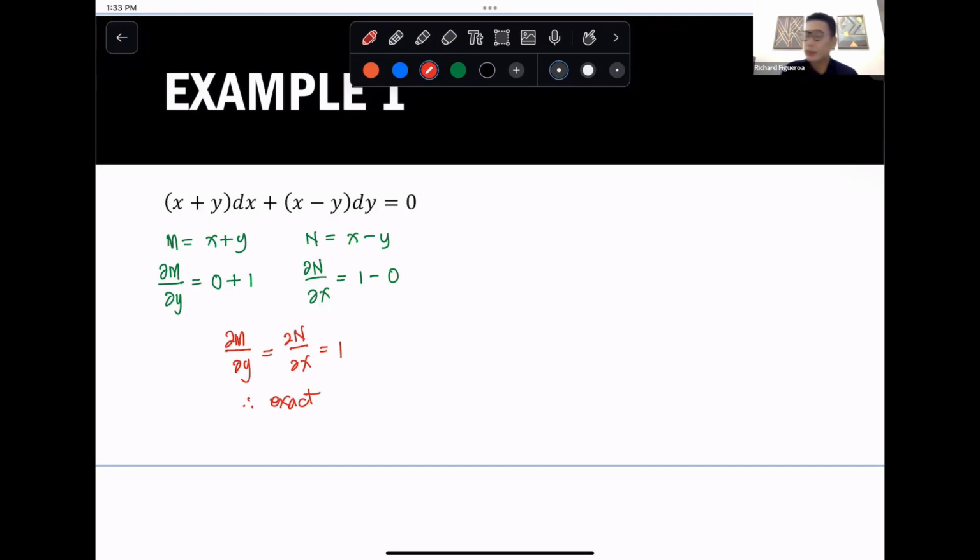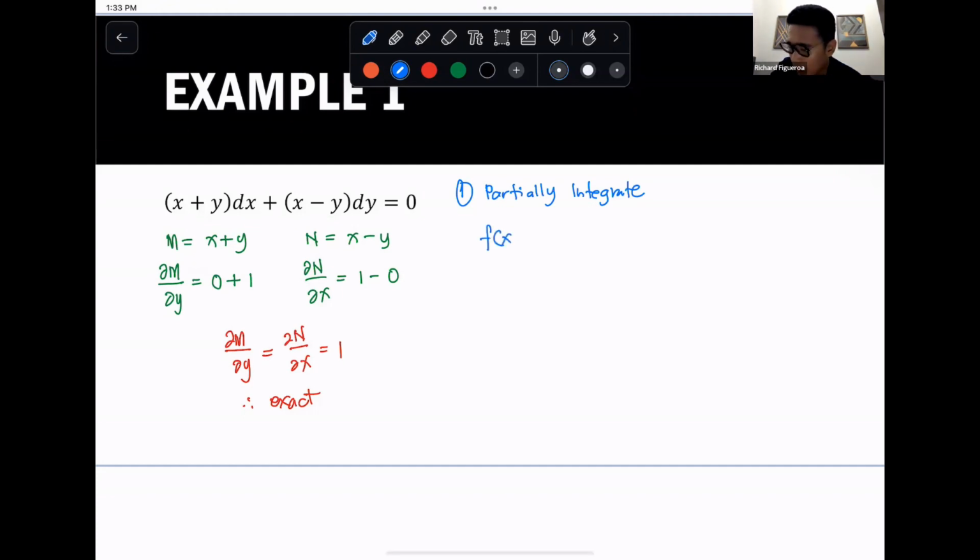So now, we start with our first step. First step natin, partially integrate. In this step, we choose whether we're going to use the m function or the n function. Since first step ito, I'll start with the first one.